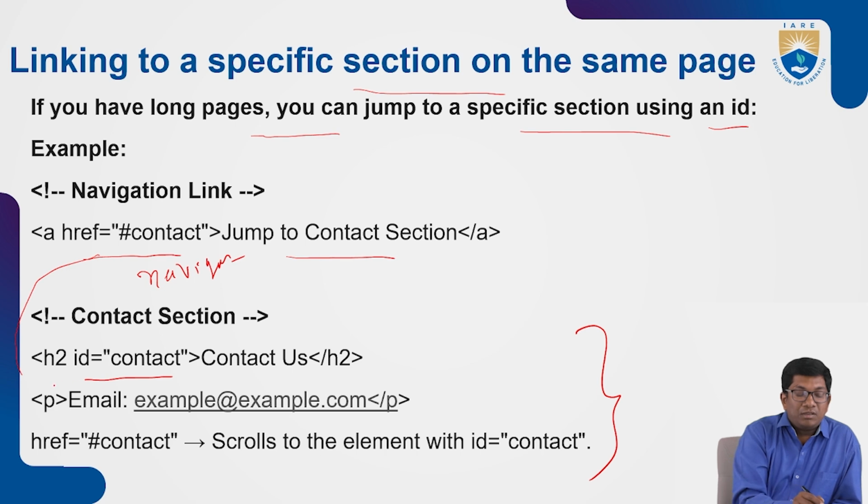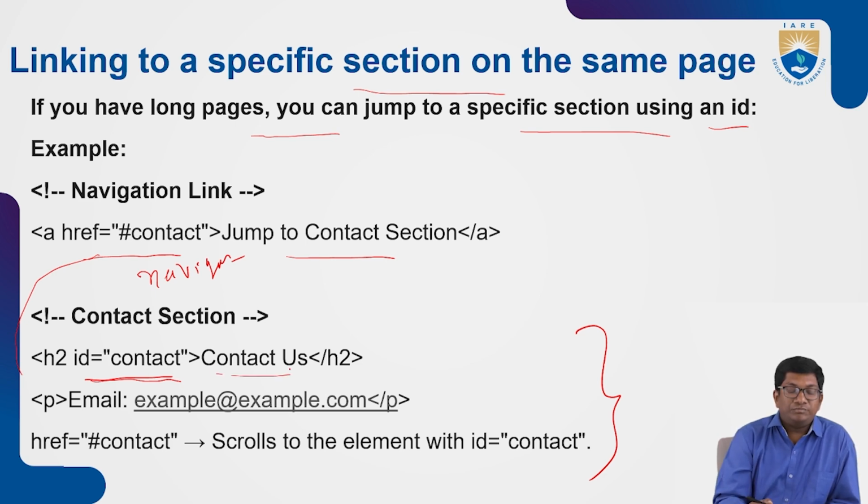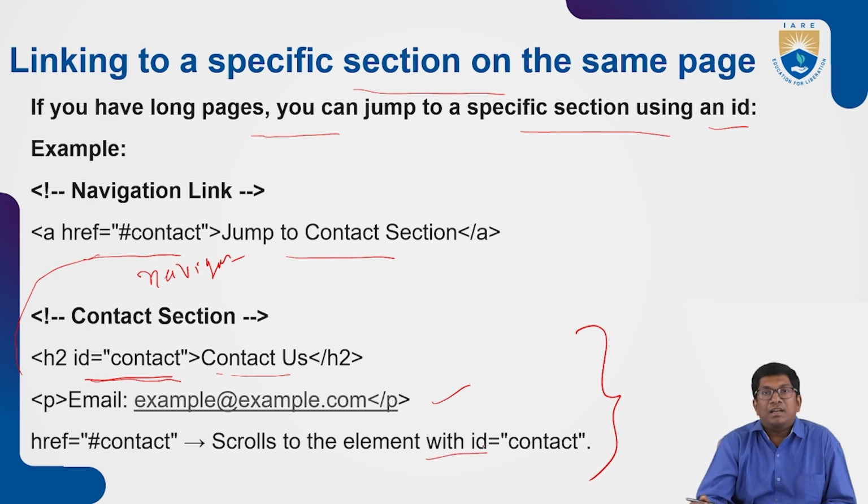See here, we're giving the H2 ID is equal to contact. So we're giving the name contact. If you click on this text, some text we have written here, contact us, some paragraph we are displaying, href is equal to #contact scrolls to the element with ID contact. So simply within the page we can move by using ID.